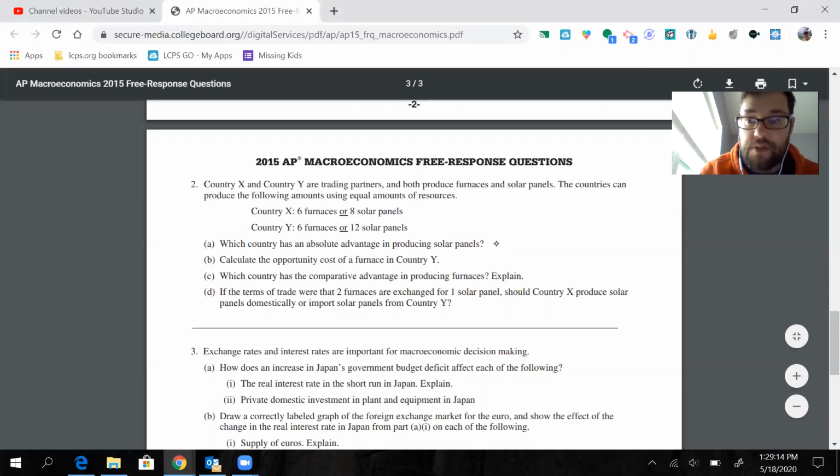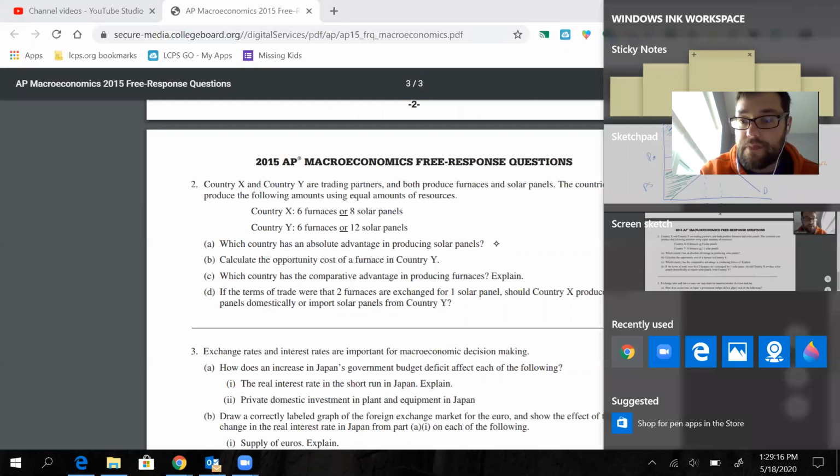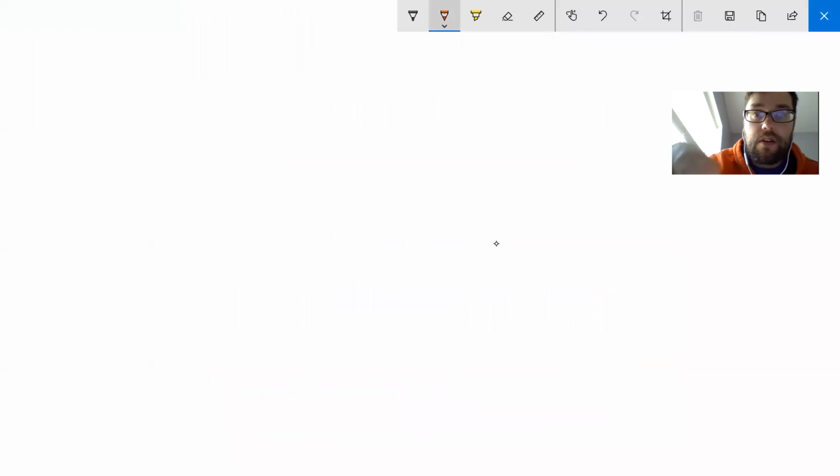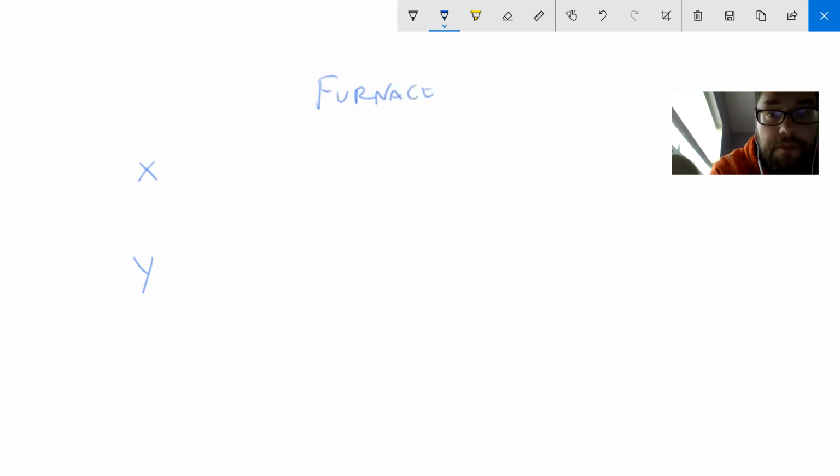Let's redraw this in sort of a chart format here. All right, I'm going to erase that. Make this nice and big: country X, country Y, furnaces, and solar panels.